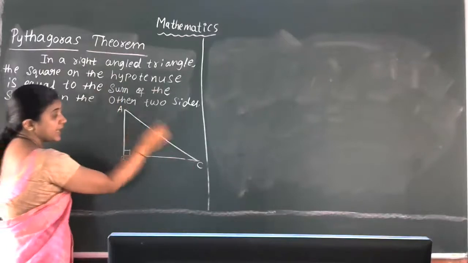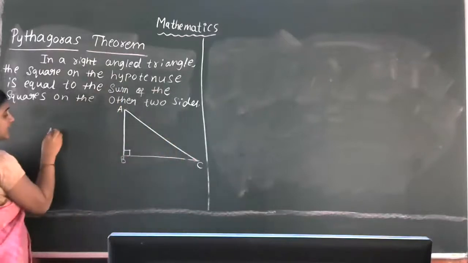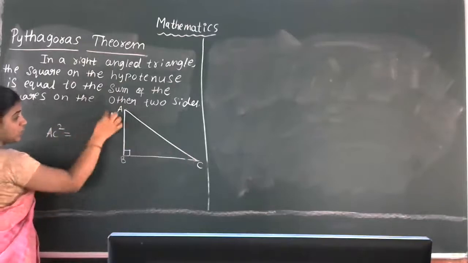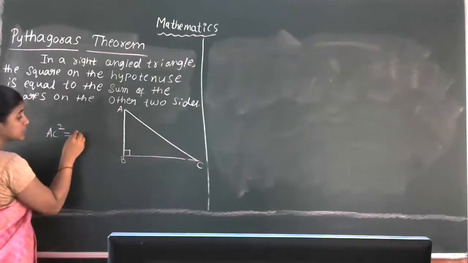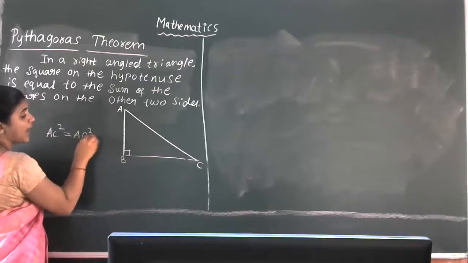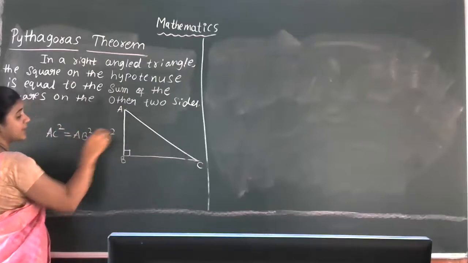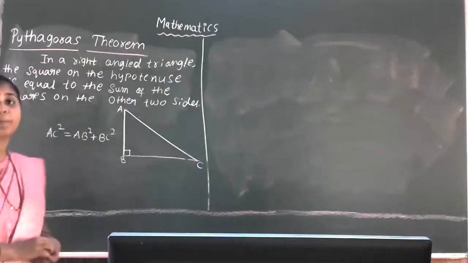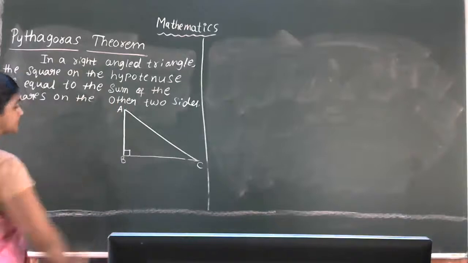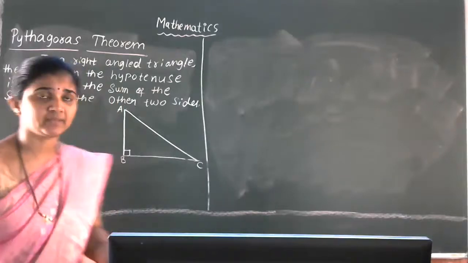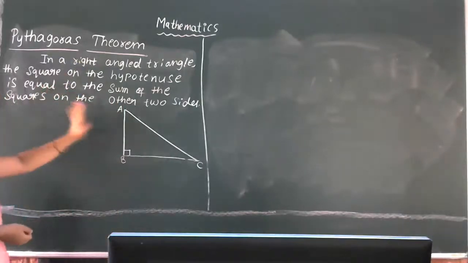In the first part, we have to compare triangle ABC and triangle ABD. Are you observing triangle ABD and triangle BDC? In the first step, we compare triangle ABC with triangle ABD, and we'll get one result.